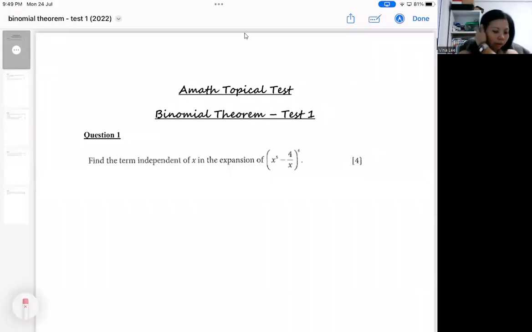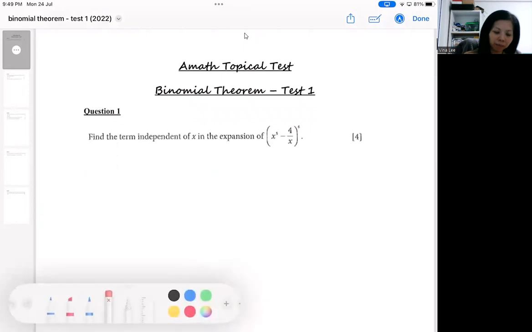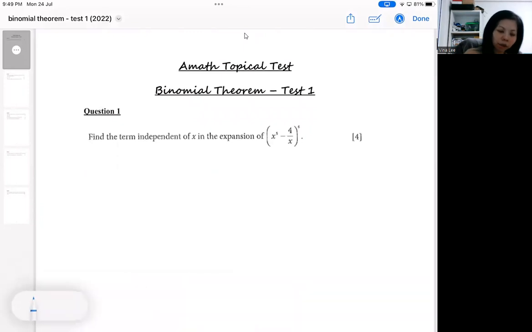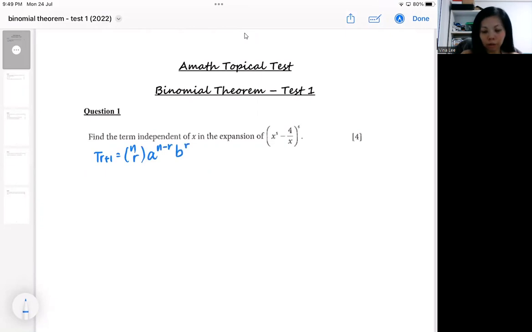Okay, this question is testing you on the general formula because they are asking you for a specific term. So the general formula is like this. You are expected to remember this general formula.